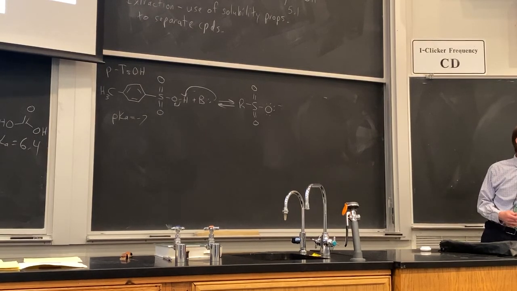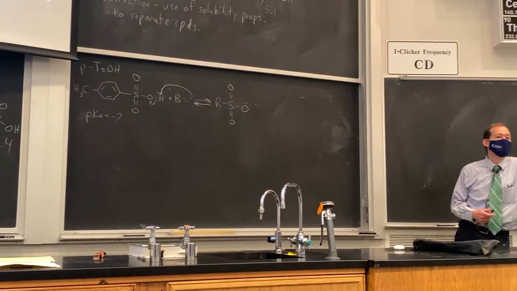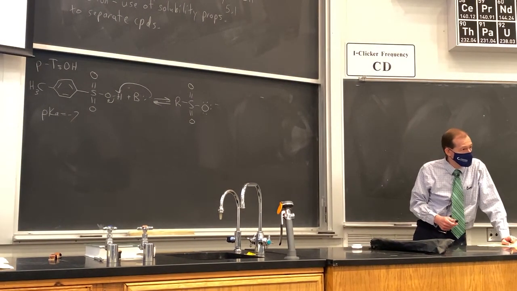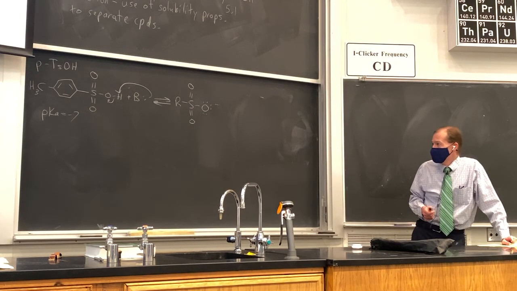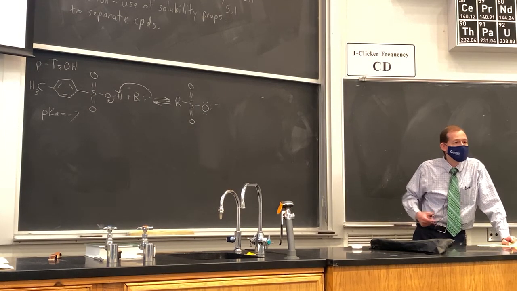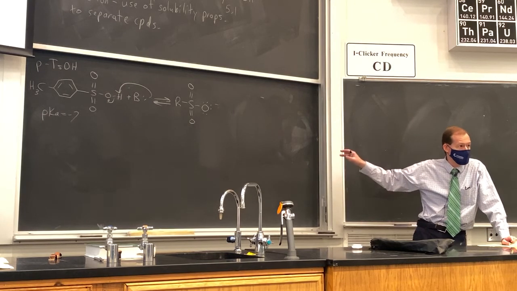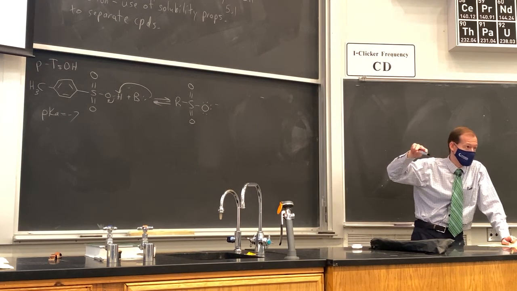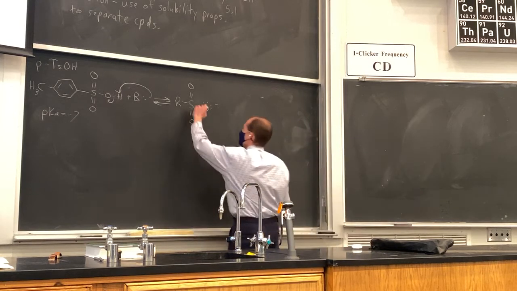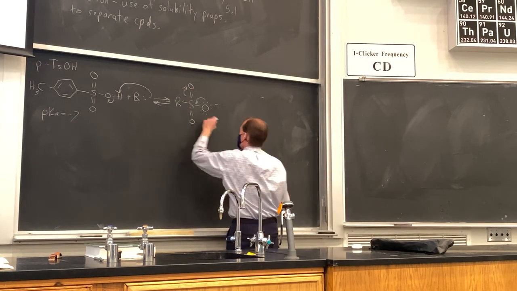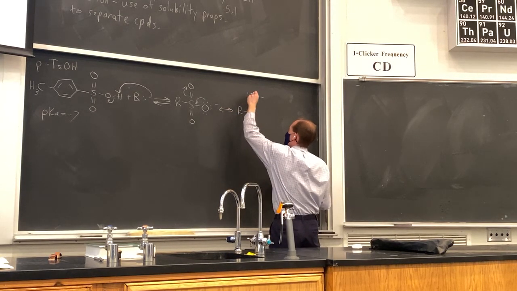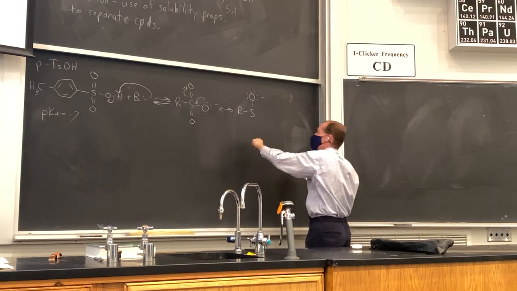Why? You can raise your hand and tell us why. Yes? There's one more oxygen. Okay. So we can have resonance stabilization of the conjugate base of a sulfonic acid. We have 2 oxygens we can delocalize that negative charge onto instead of just one with the carboxylic acid. So we'll draw the resonance structures. That was the negative charge from last class period.